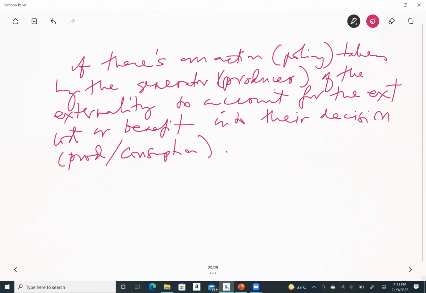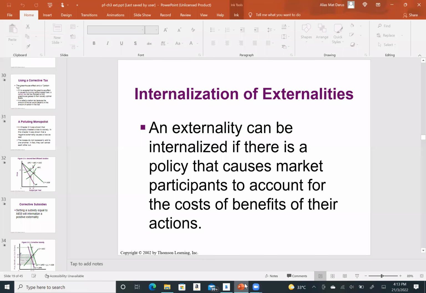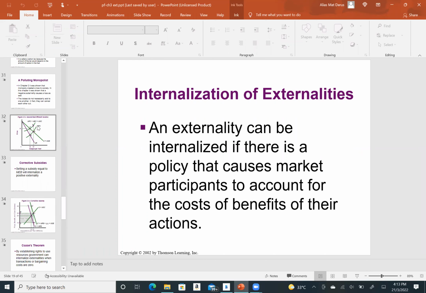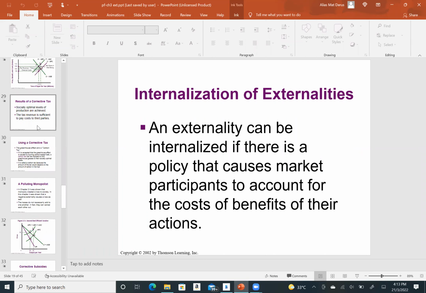All right. So that is what we call internalization of activity. Okay. Any question about this? This is the concept. That means we actually take the activity into account.